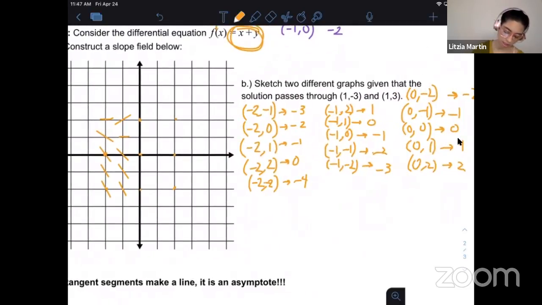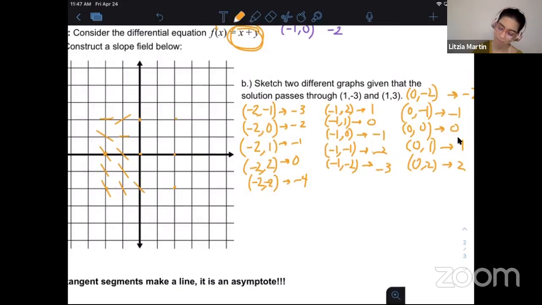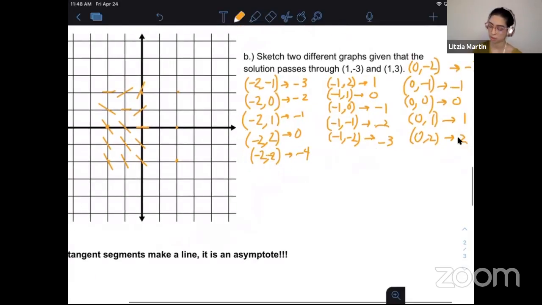So this has a -2 slope. Then -1, 0 at 0, 0. And then +1, and then +2. So we're seeing some kind of pattern going on. We'll keep going.